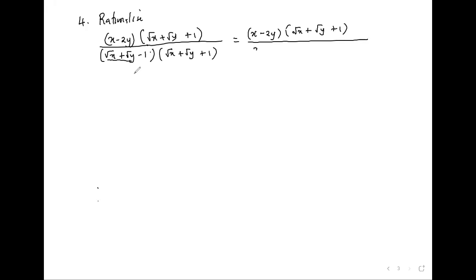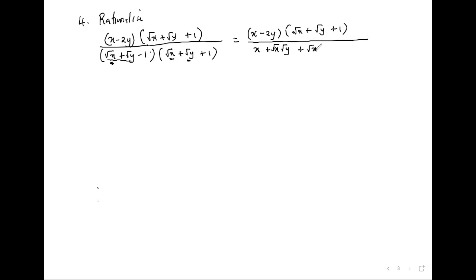All right. So we have x plus x root y plus root x root y. Here we are doing this by that, this by that, and then we do again plus root x.